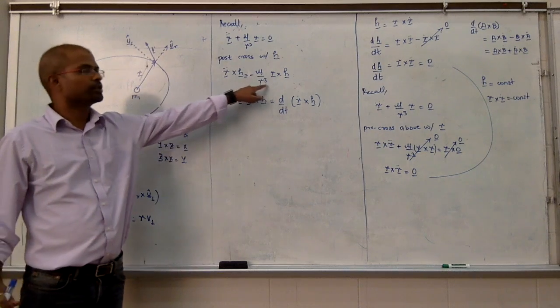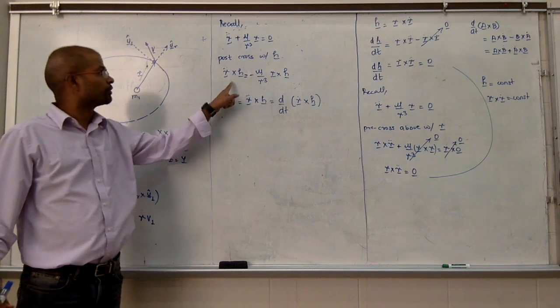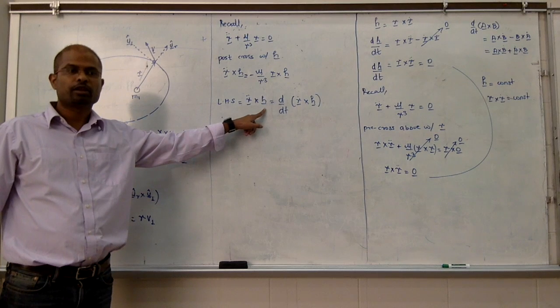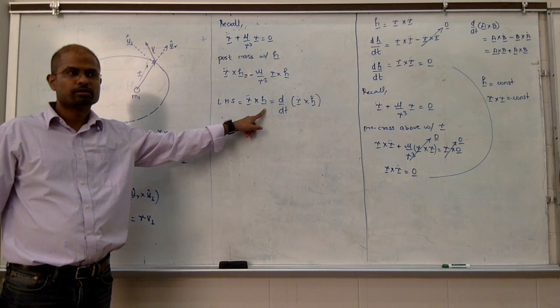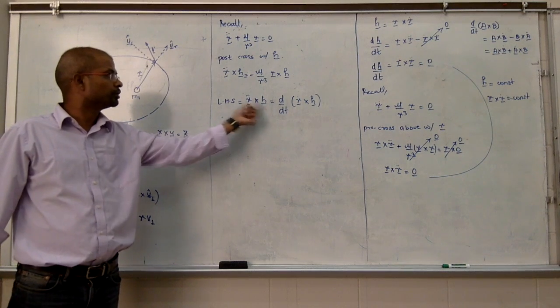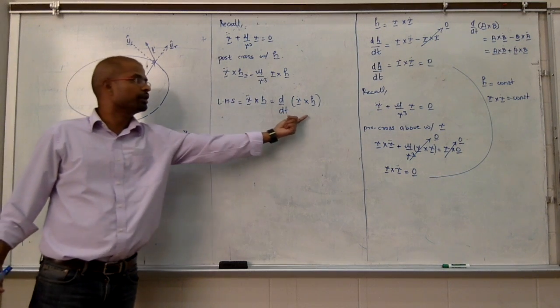This is the left hand side, this is the right hand side. So the left hand side can be written as this. Why can it be written like this?